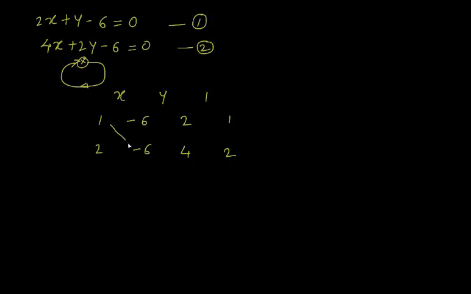And we have to cross multiply the terms. For y this will be the cross multiplication, and for the constant term this will be the cross multiplication.